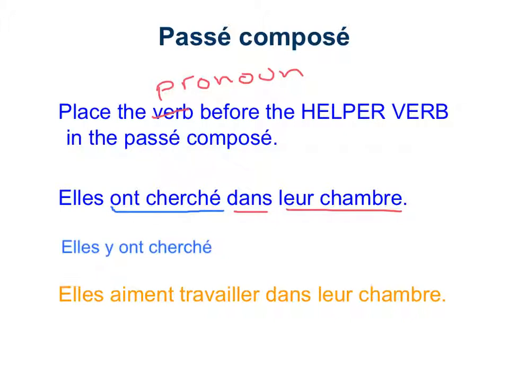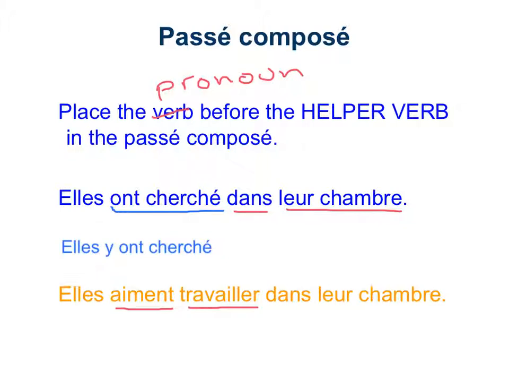Alright, and we've got another verb here. Elles aiment travailler dans leur chambre. So this looks kind of similar, but what is different here? Can you tell? This one is not the passé composé. We've got they like in the present tense, and then we've got travailler in the infinitive, unconjugated.